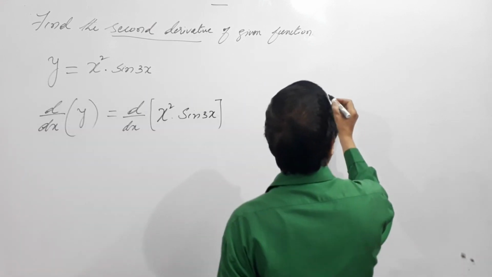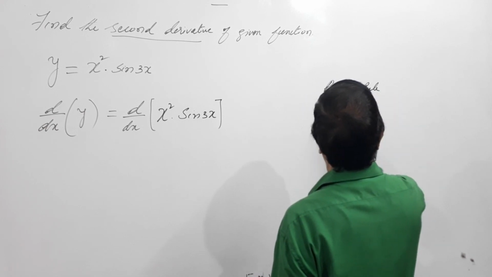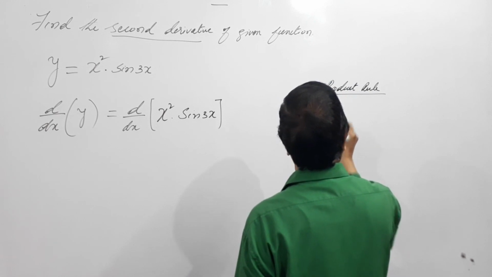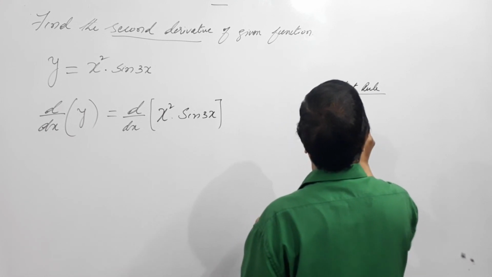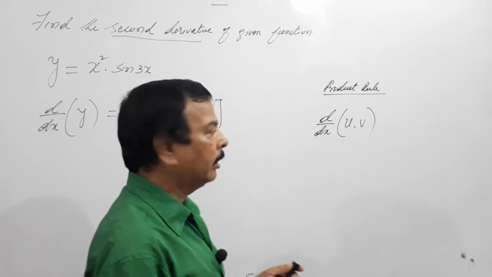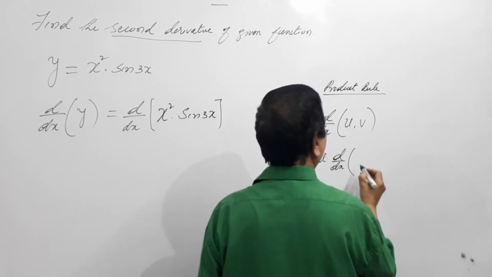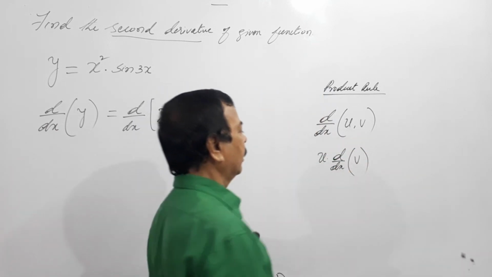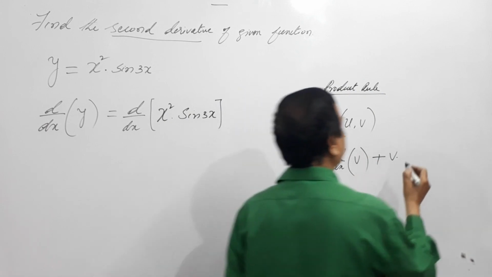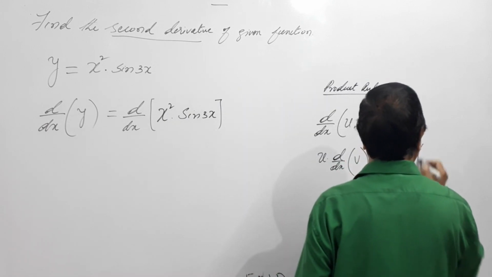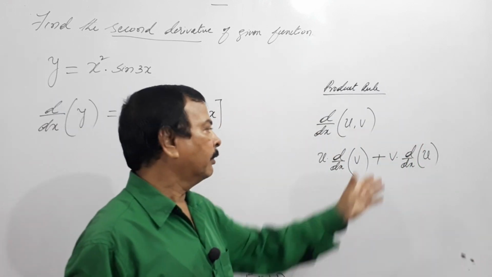What is the product rule? d by dx of u into v: we keep u as it is and differentiate the second function v, plus we keep the second function constant and differentiate the first function, that is d by dx of u. This is the product rule.